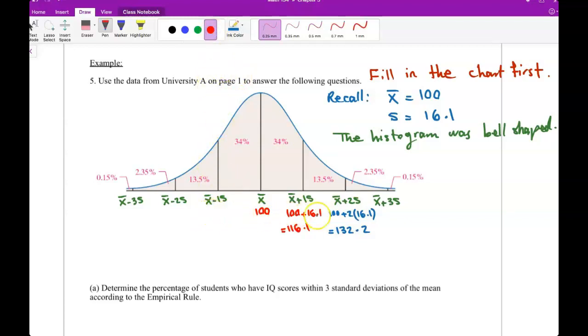Okay, let's do the same thing here. So this is 100 minus 16.1. That is 83.9. And here, 100 minus 2 times 16.1 is equal to 67.8.